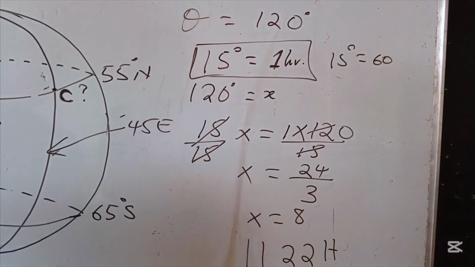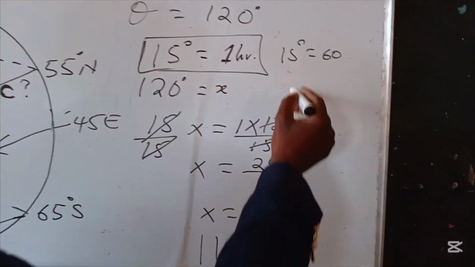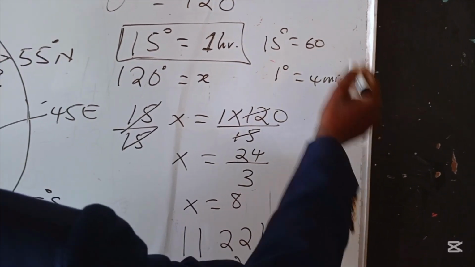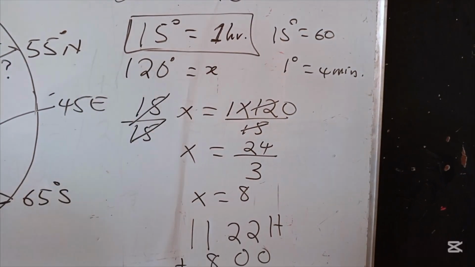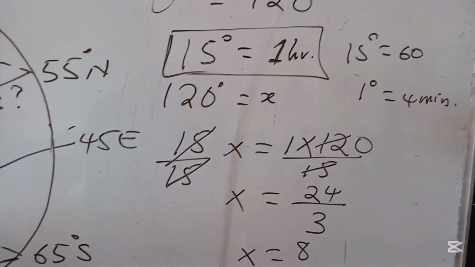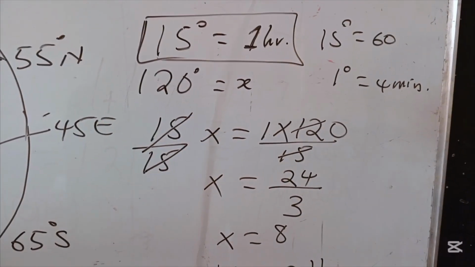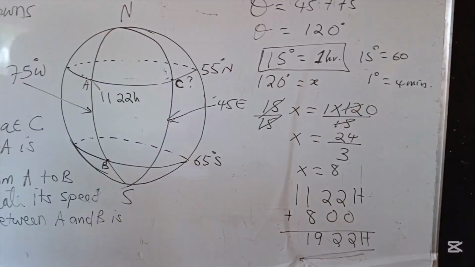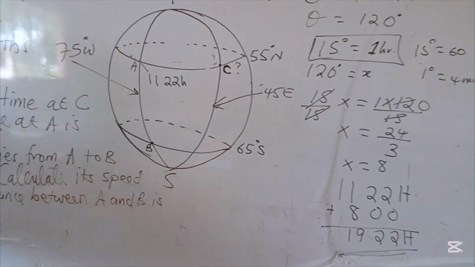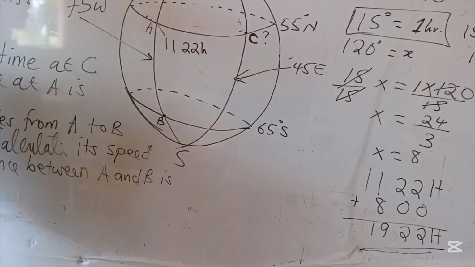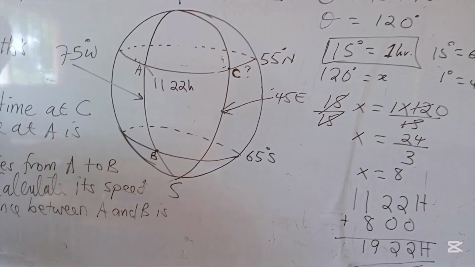Again, every 1 degree is equal to 4 minutes. This information is very, very important to have, so that time calculation on eighth geometry doesn't give us problems. I hope I've made myself clear. So while the time was 11:22, the time at C was 19:22.